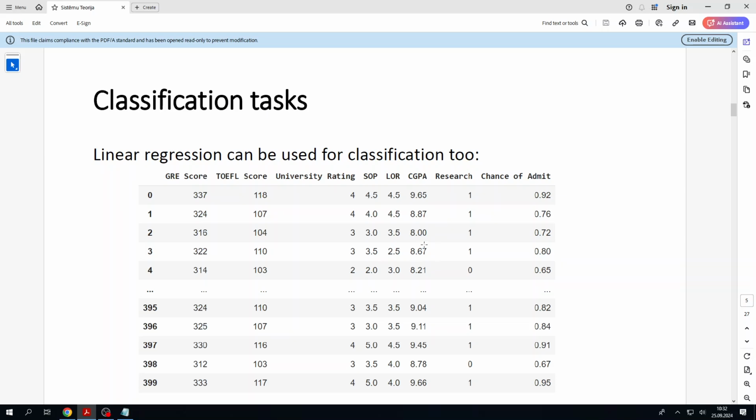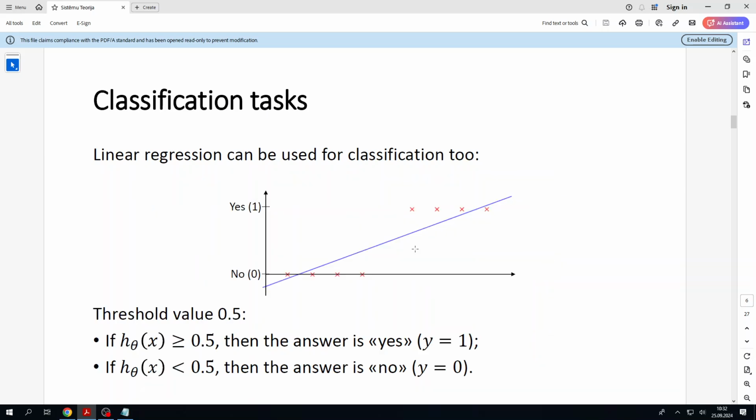So this is the kind of problem we try to solve. And here, let's say, the x-axis has score, the y-axis has admitted, yes or no.